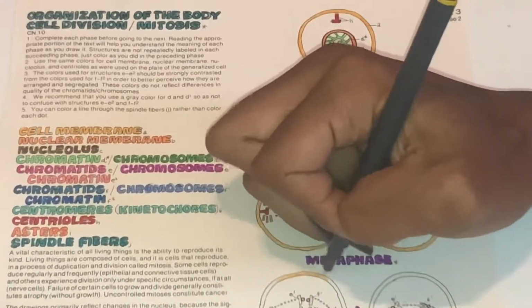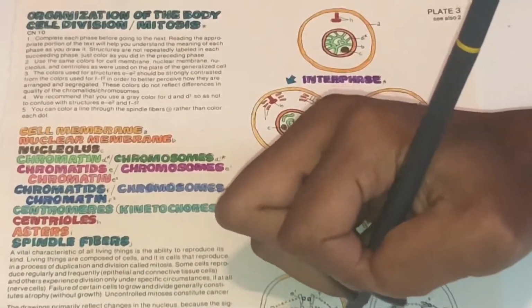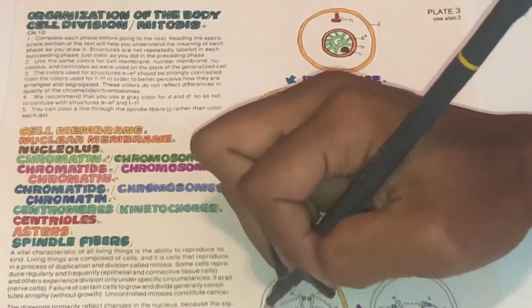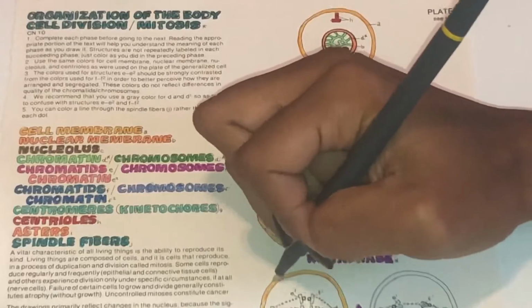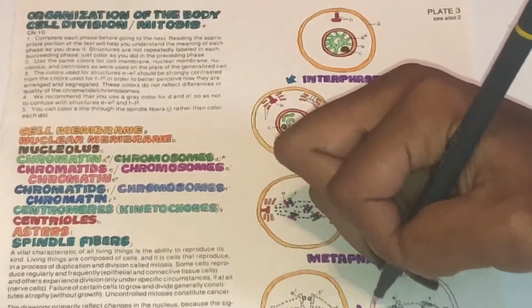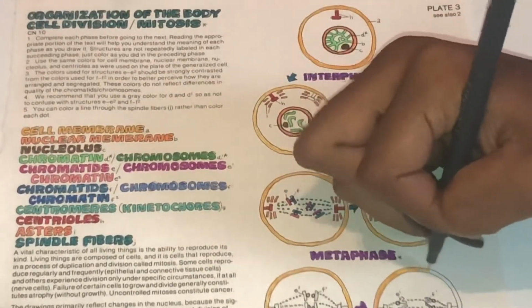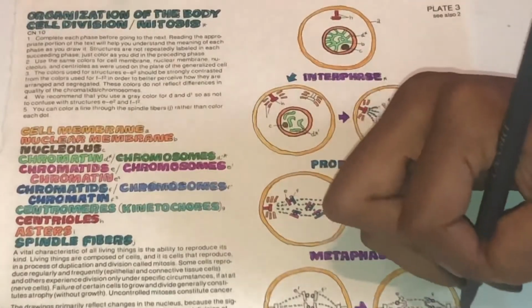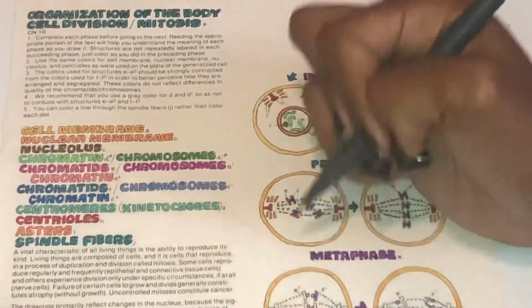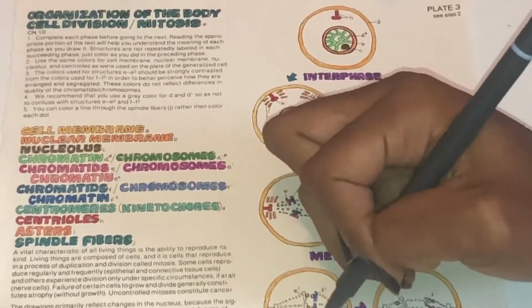And I'll go ahead and color this cell membrane. And I'll go ahead and color these chromosomes, F1.